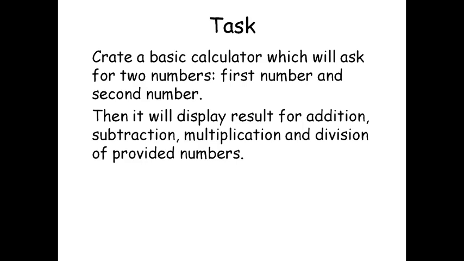Then you're going to display the results: the addition of these two numbers, the subtraction of the first number from the second, the multiplication, and the division. When the user enters the two numbers, you're going to show four different calculations: one for addition, one for subtraction, one for multiplication, one for division.